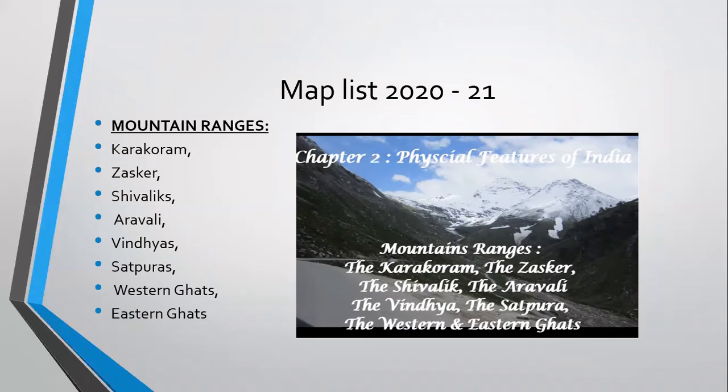So how many maps? This is the third map. First is the political map in which you're marking the states and their capitals. Second is a map in which you're doing Tropic of Cancer and Standard Meridian. This is the third map in which you're going to mark only the mountain ranges. All these are important because they can be asked in exam.